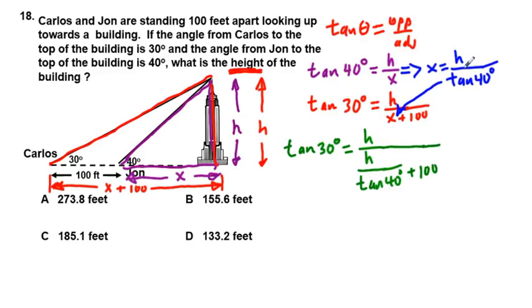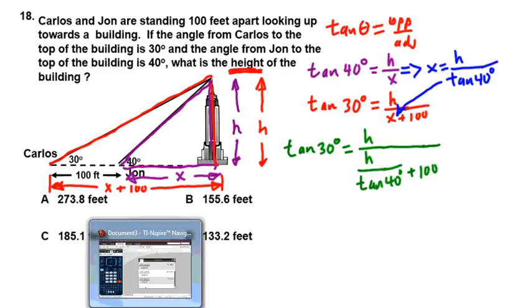The h over tan 40 degrees replaced x, so we have to add 100 to this whole thing. We could go about solving for h by multiplying both sides by h over tan 40 degrees plus 100, but we would really fill up this paper and take a long time on your test. But we have something called a numerical solve that we can use in our calculator, and we'll resort to that.